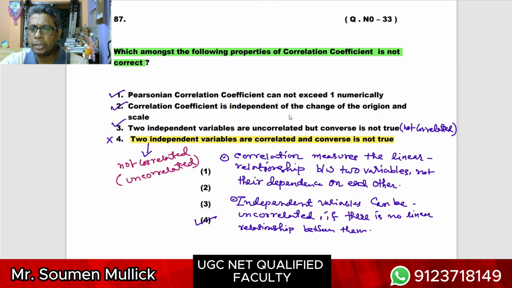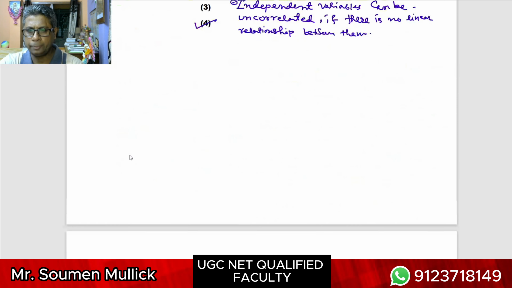Correlation coefficient is independent of the change of the origin and scale. These are important properties. Number 3, two independent variables are uncorrelated, but converse is not true. Uncorrelated means not correlated. It is also true. So option number 4 is the answer, because it is the wrong statement.